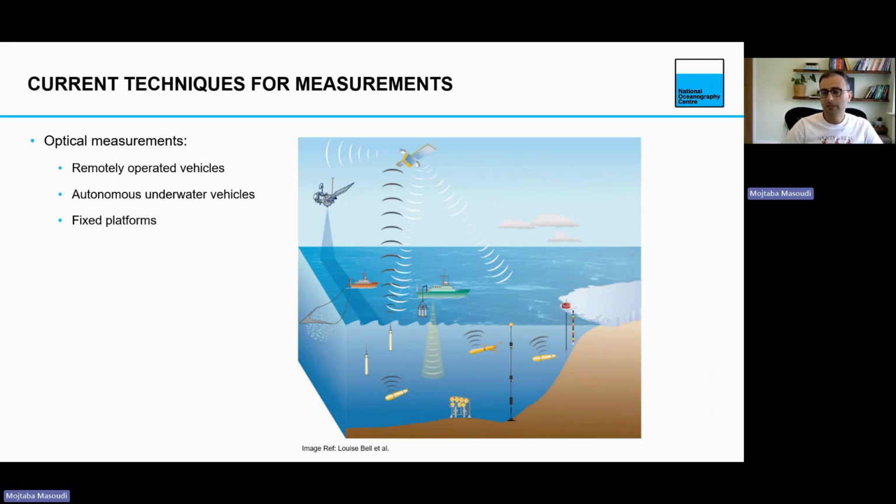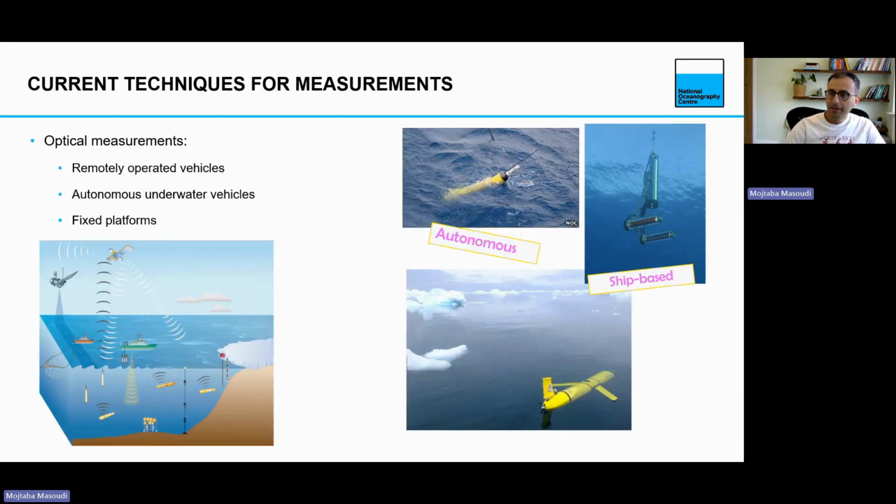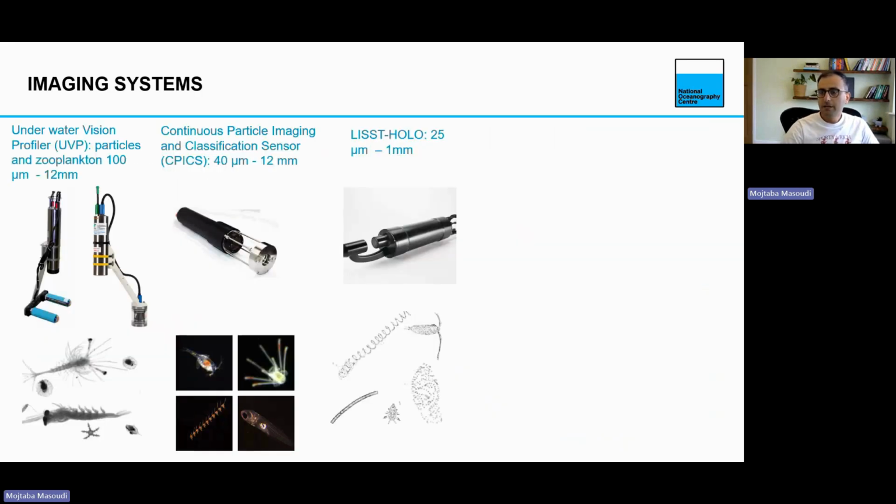We can use gliders and fixed towing samplers. So a lot of things can be used to do measurements of the oceans. Here are a few examples of the measuring systems we apply for capturing our data: ship-based platforms and autonomous platforms.